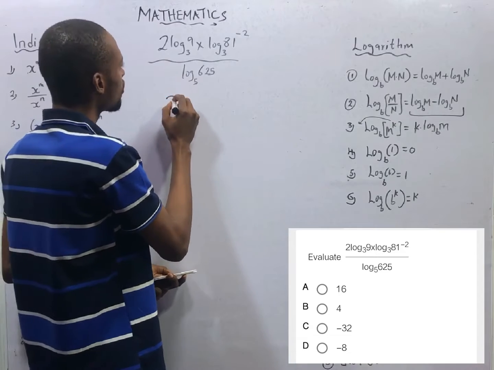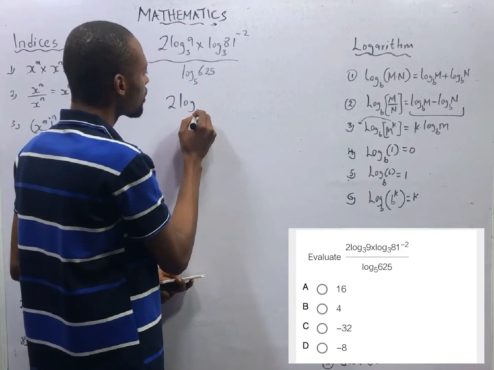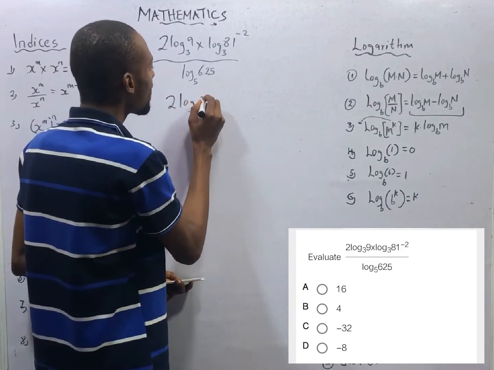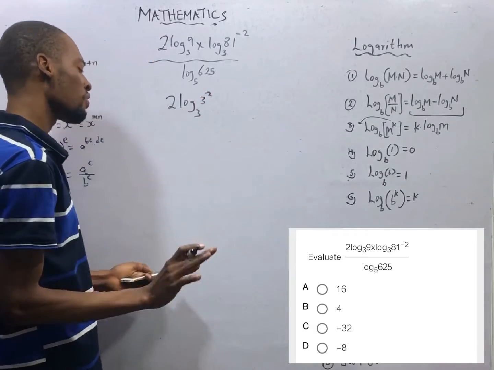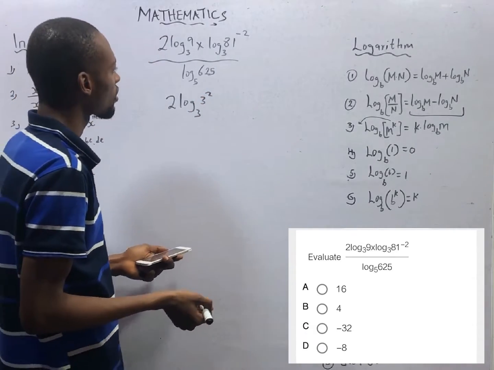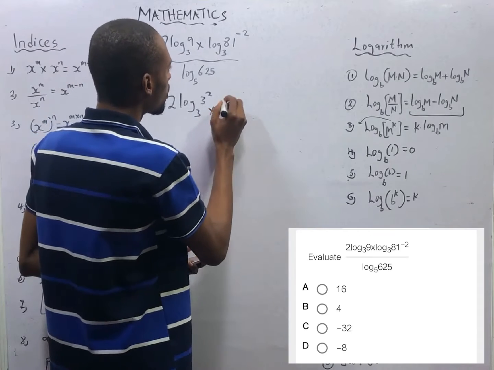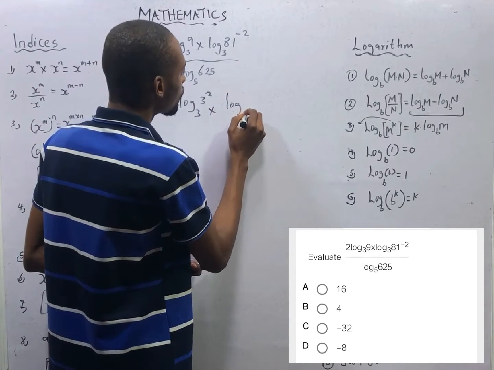This is the same thing as 2 log 3, because 9 is 3 raised to the power of 2. We've not changed anything. And this is the same thing as log 3.